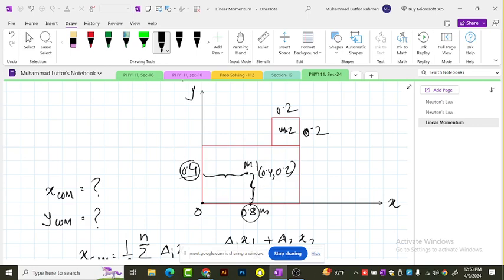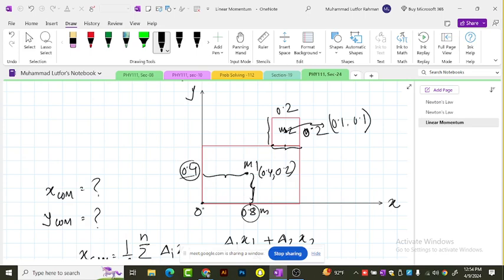Now for this one, I know the coordinate should be 0.1 and also 0.1, right? From this one corner. Because this total length is 0.2, half of this would be 0.1, and this total length is also 0.2, half of this would be 0.1, which means that is the coordinate you are measuring from there. But I need to refer from this part.